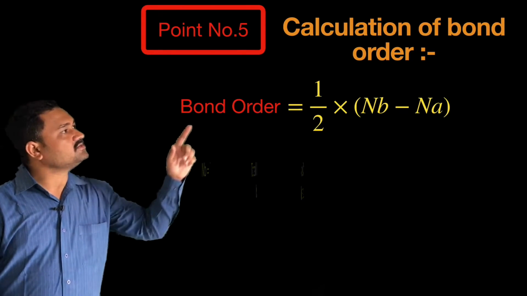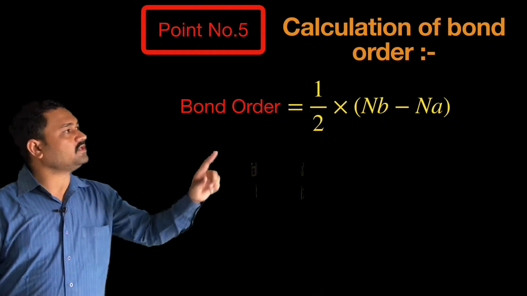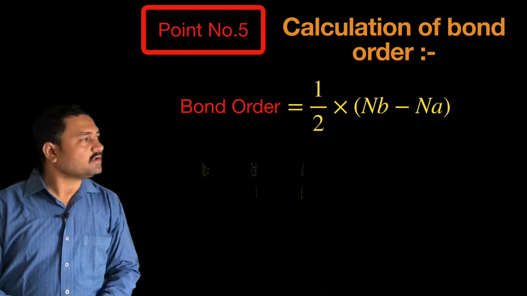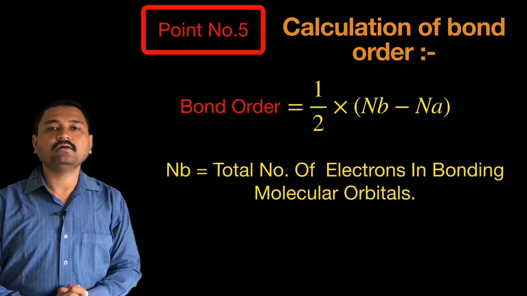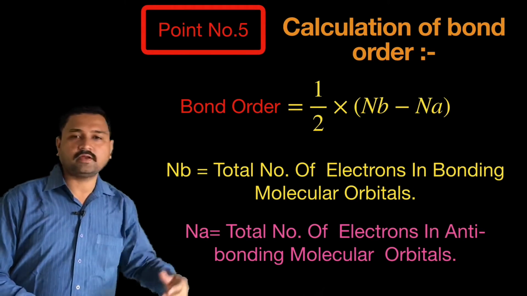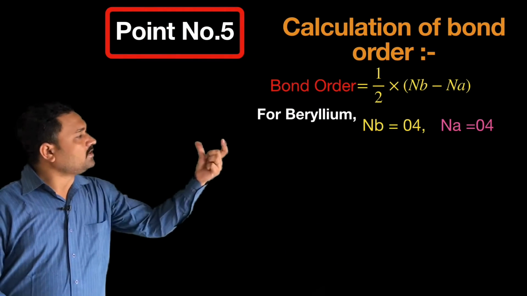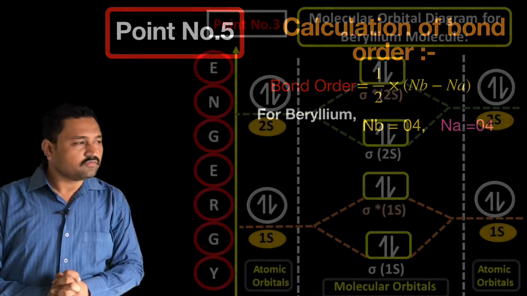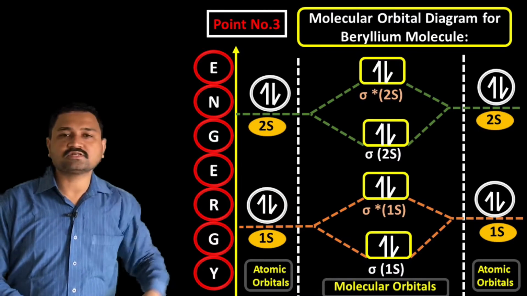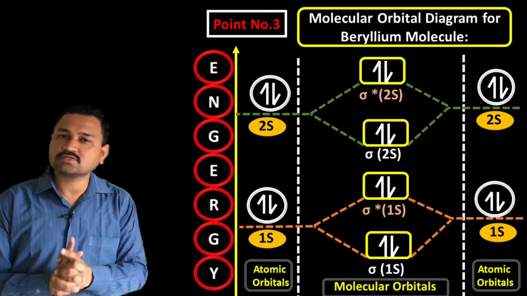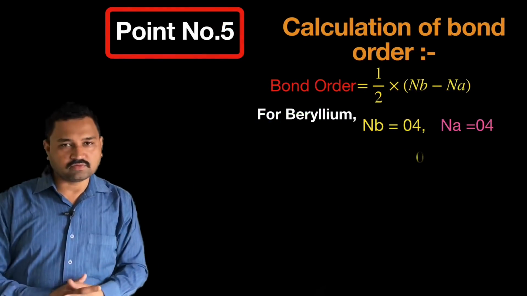Generally the bond order is given by the formula: bond order equals 1 by 2 into Nb minus Na, where Nb is the total number of electrons in the bonding molecular orbitals, while Na is the total number of electrons in the anti-bonding molecular orbitals. For the beryllium molecule, we know that sigma 1s and sigma 2s contain a total of 2 plus 2, that is 4 electrons. Therefore the value of Nb will be equal to 4.